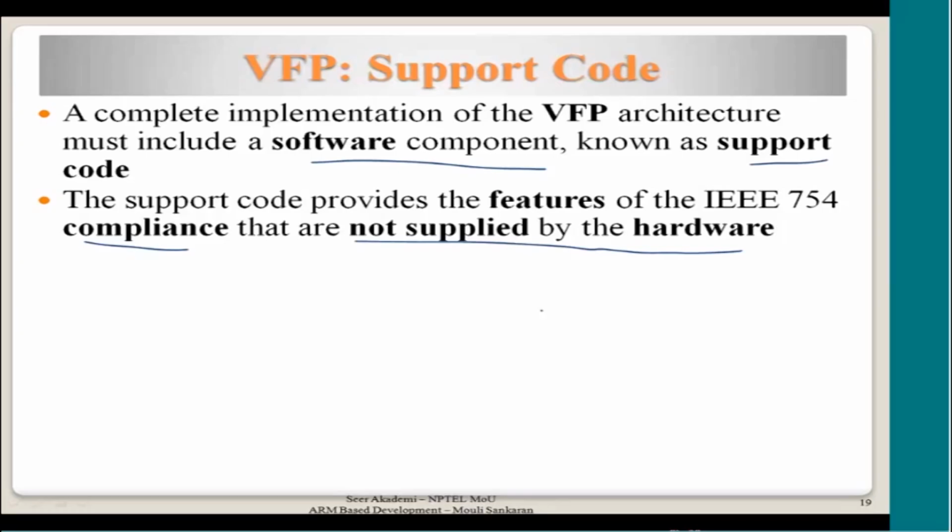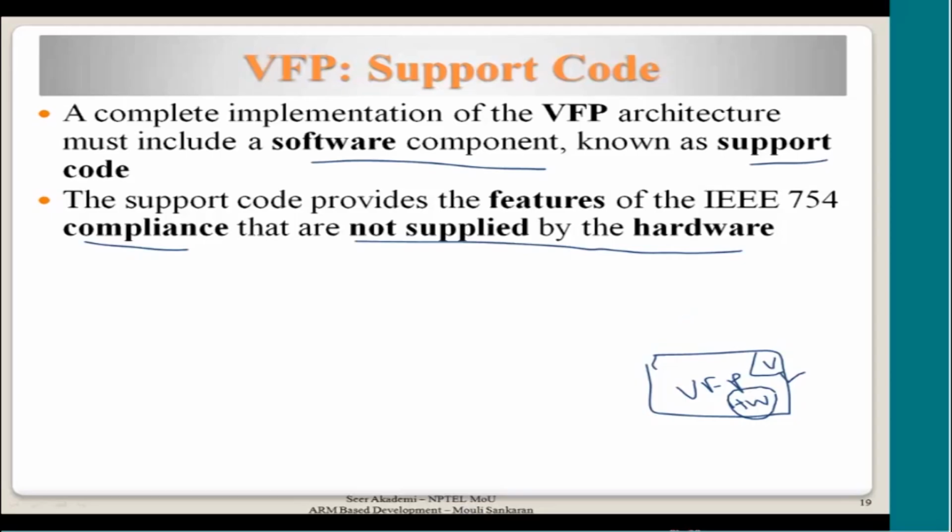If a VFP processor cannot handle a specific exception condition in hardware, the reason may be that it is very complex to implement in hardware rather than software, or the probability of that particular exception happening is so low that we don't want to increase the footprint and complexity of the processor, or it would be very power hungry. Those occasional things can be handled using software without any performance drawback.